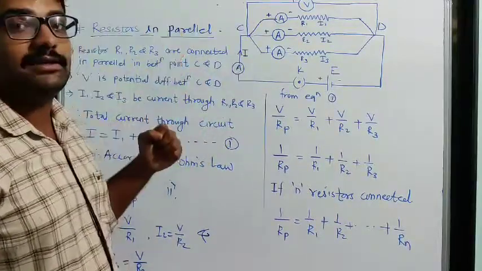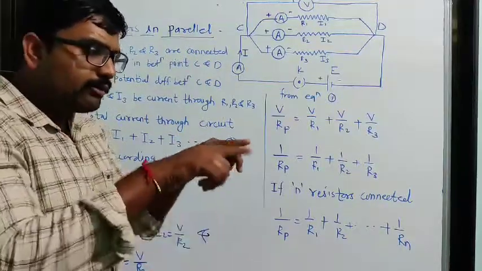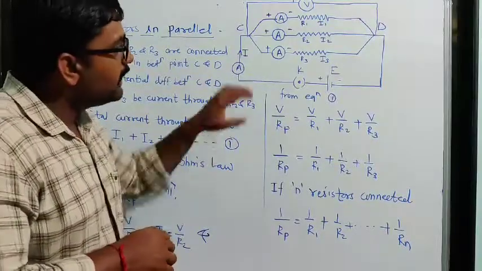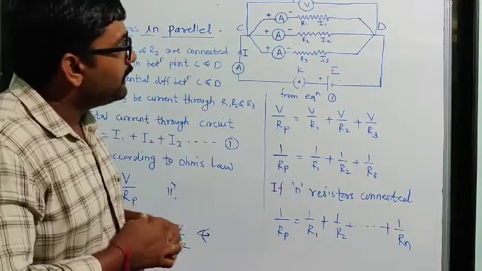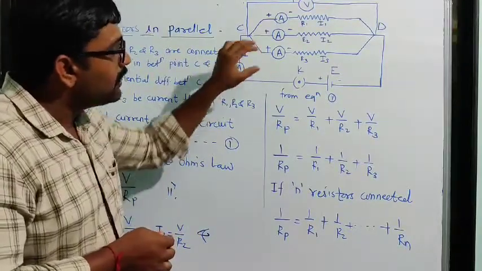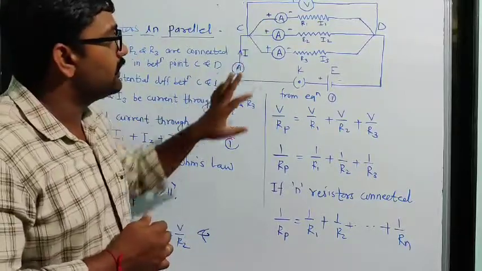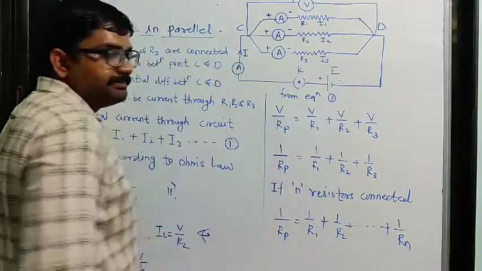In the series connection, what happens? The value of current remains the same, because all three resistors are connected in one single line. Here all three resistors are connected by three different electrical connections, so the value of current will be different here. Here we connect the battery E.